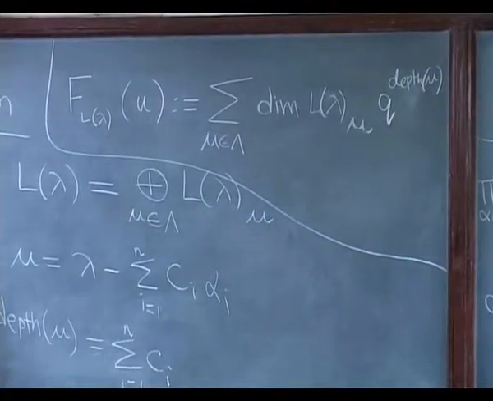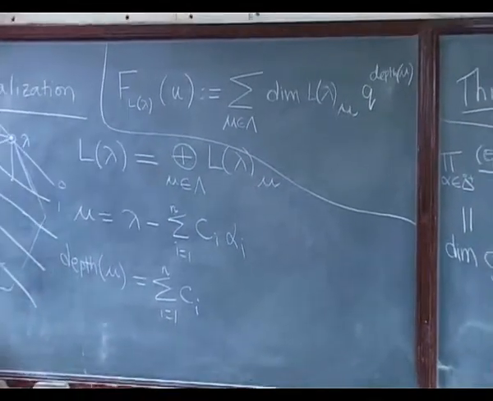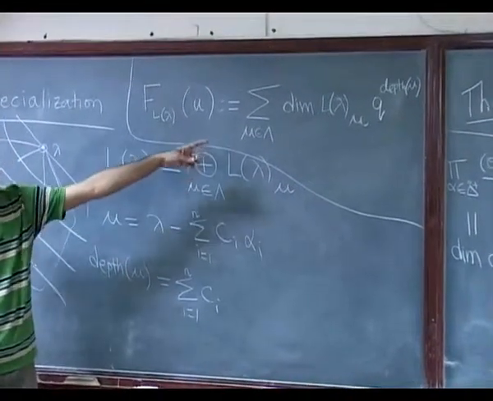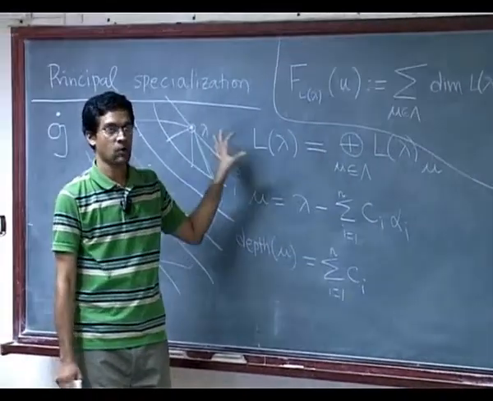Here depth depends on what lambda I have fixed. But assuming I fix some lambda once and for all, this is the generating series, what you would call the principal specialization of that module L lambda.